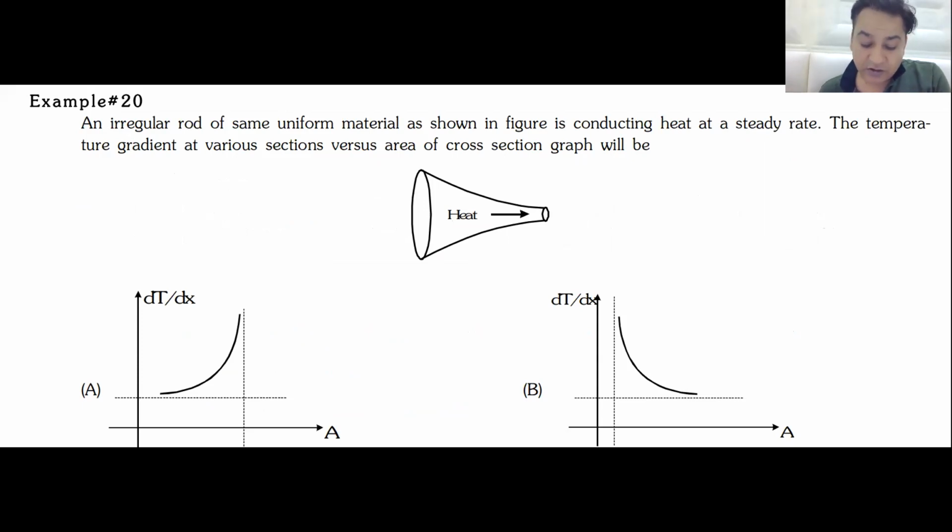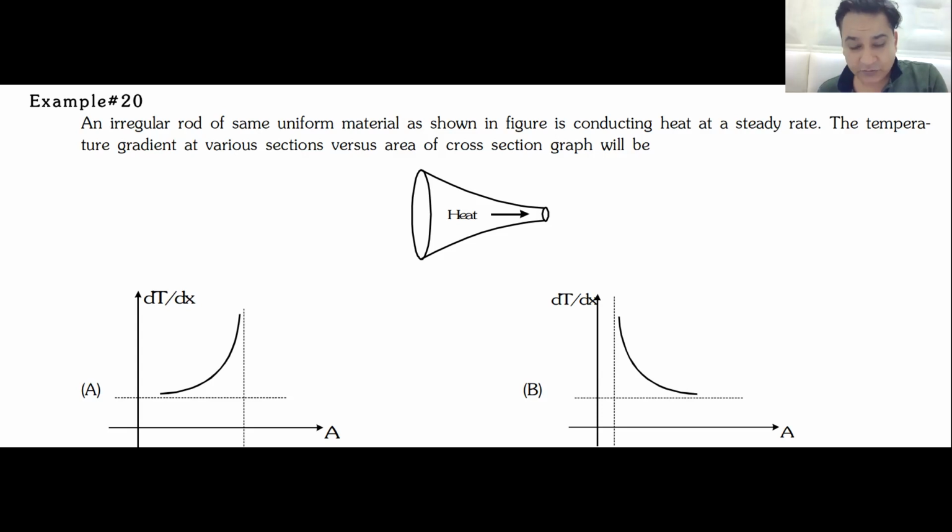An irregular rod of the same uniform material is conducting heat at a steady state. The temperature gradient at various sections with various areas, how does the temperature gradient vary?